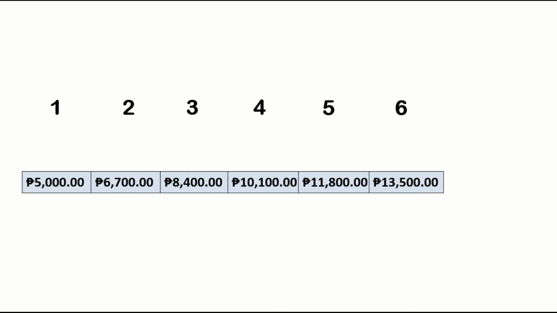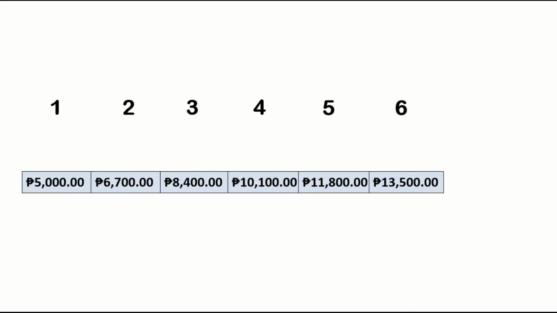Since he plans to save 1,700 pesos per month, he will have 6,700 pesos for the second month, 8,400 pesos for the third month, then he will have 10,100 pesos for the fourth month, 11,800 pesos for the fifth month, 13,500 pesos for the sixth month.